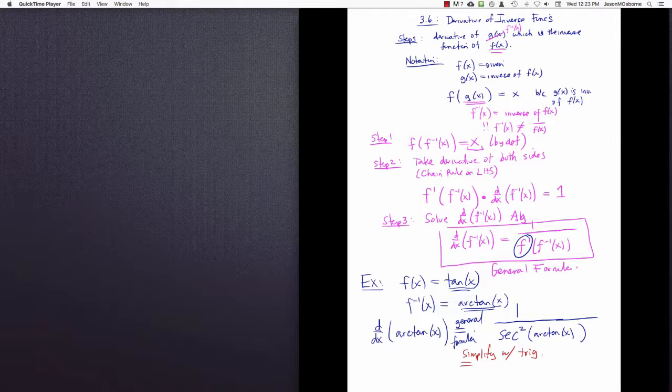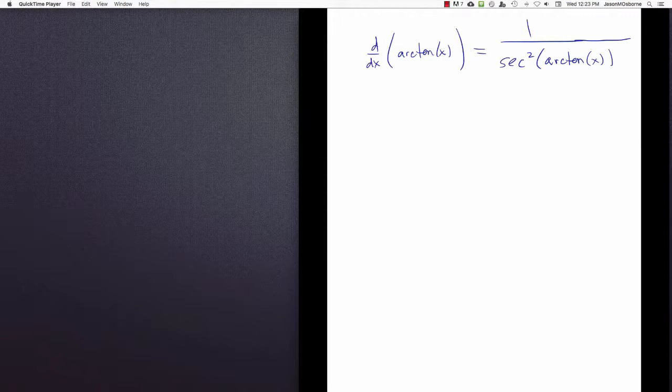So we need to complete the derivative with respect to x of the arctangent, which is equal to 1 over secant squared of the arctangent of x.